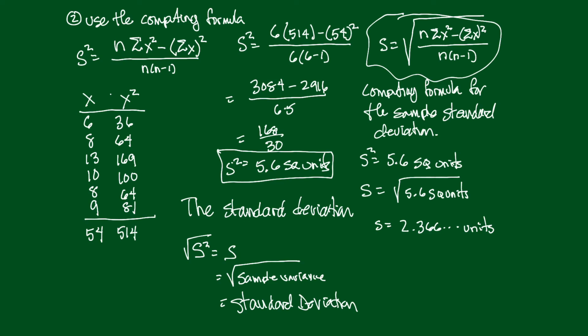All right, now rounding. Our original data is accurate to the ones place. So I'm going to round this number off to 1 decimal place. I look over here, it's above 5, so I'm going to round this up.